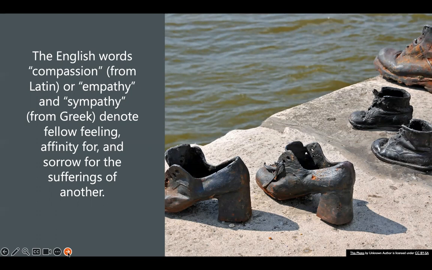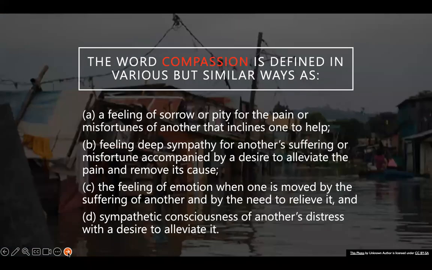In a way, the shoes, sculptures of which you can see right now, represent our ability to feel with the people who struggled at that time, sorrow even for their suffering. The word compassion and its meaning revolves around that understanding then.